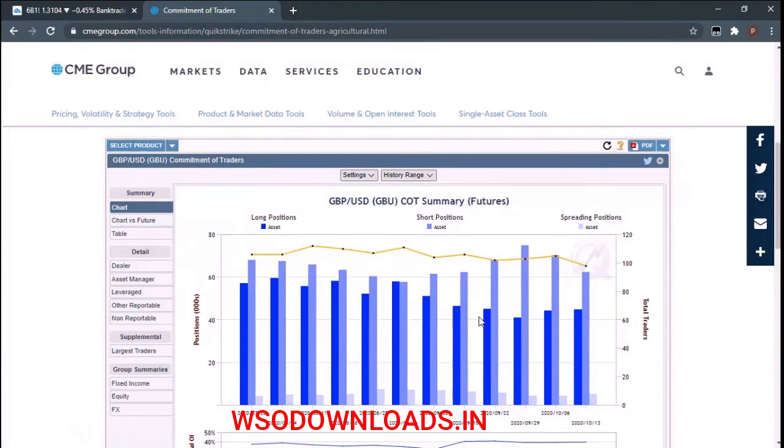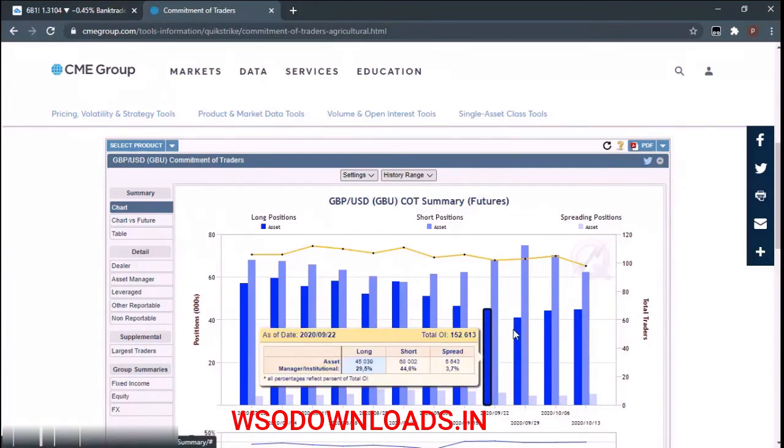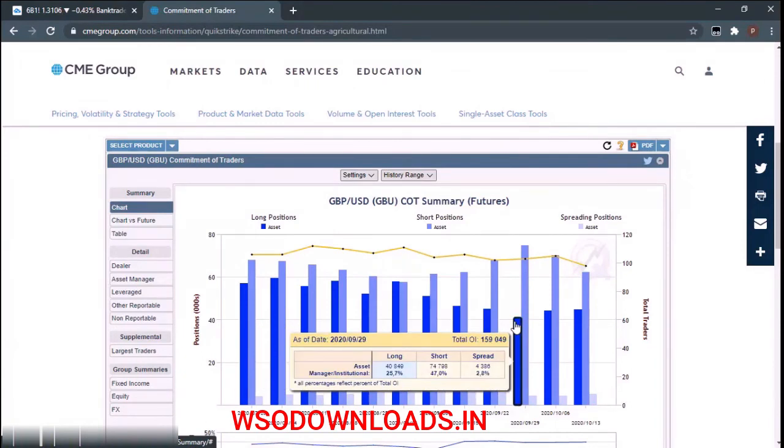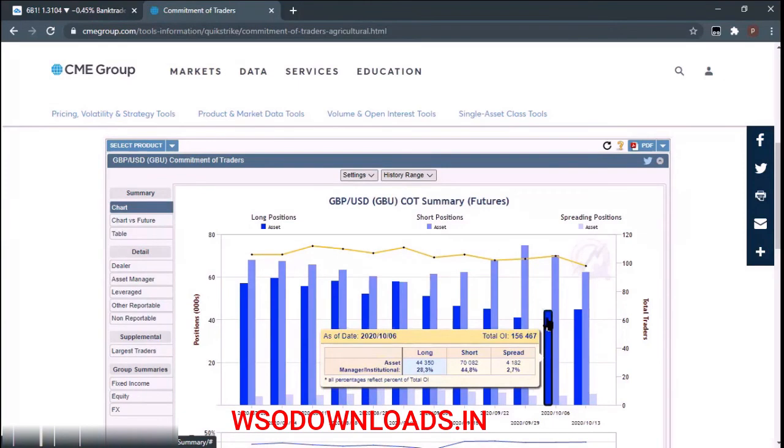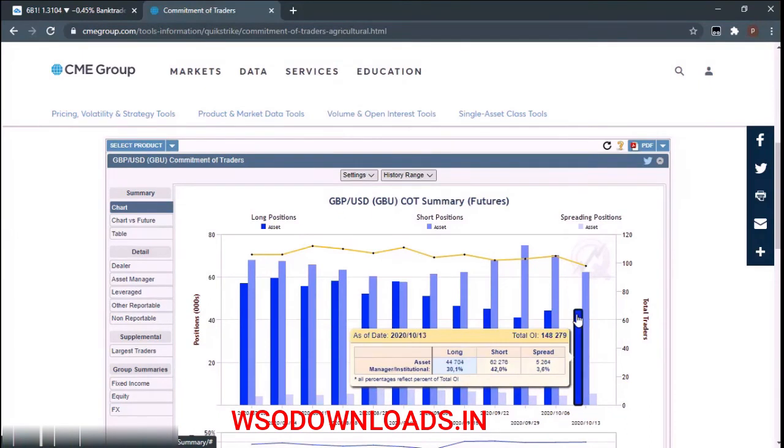And what are they doing to their longs? Longs, they were at 45, they closed to 40, so they closed about 5,000, then increased to 44, they increased again, then stayed at around 44. Okay, so they closed 5K and opened another 4K.